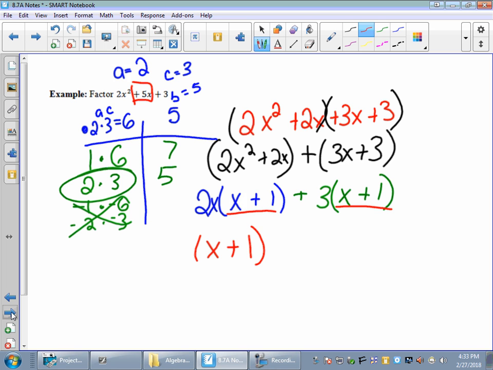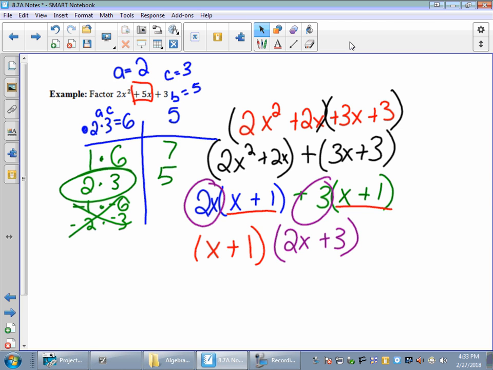It's the same in both of my parentheses, so I can write it down. And then I can go ahead and take what I have left from each one. I have a 2x out front here, and a positive 3 out front here. So again, I end up with an x plus 1 and a 2x plus 3.